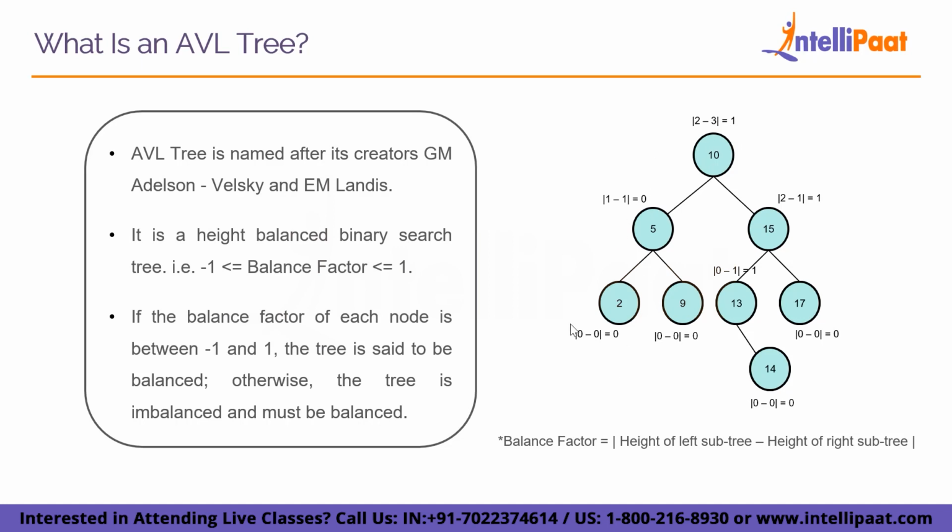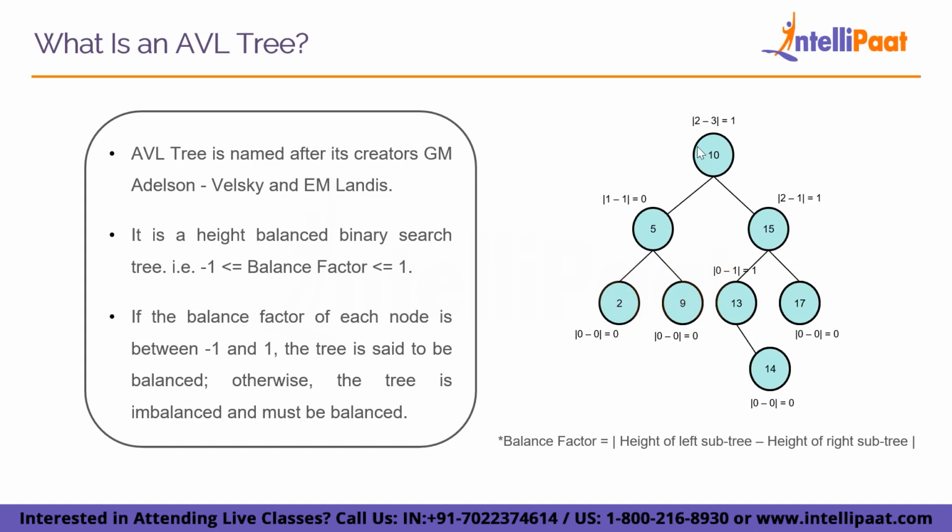In other websites or references, you will find this balance factor formula as the difference of the right subtree with the left subtree or vice versa, which will create the difference in the signs of the resulting number. So in that scenario, it will be between -1 and 1. But I have taken the modulus of those differences, so we are neglecting the sign over here. So basically, our balanced tree has either 0 or 1 as its value.